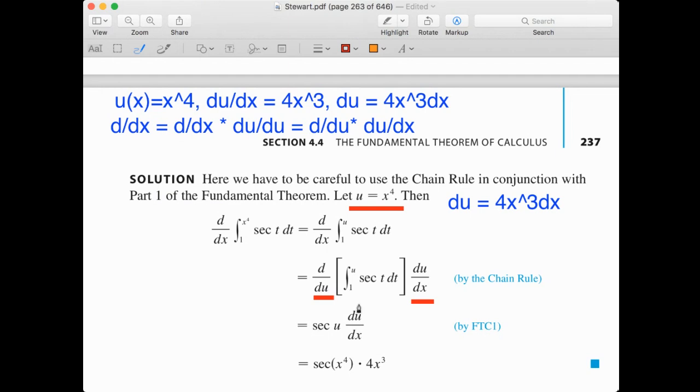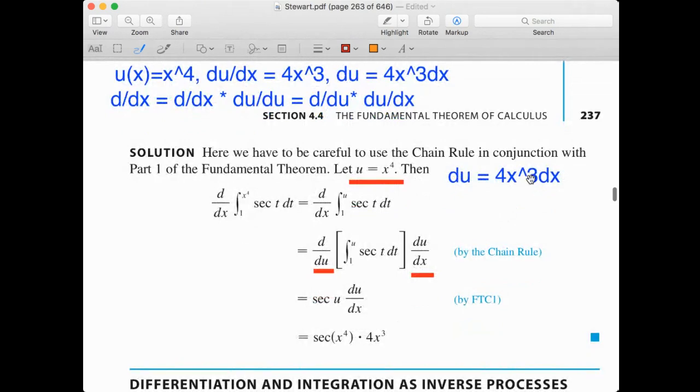So secant u times du/dx, and du/dx is 4x cubed. Secant u is secant x to the 4th. So here, secant x to the 4th times 4x cubed. Usually we write 4x cubed up front and leave the angle of the trig function as the last term, so we don't get confused.